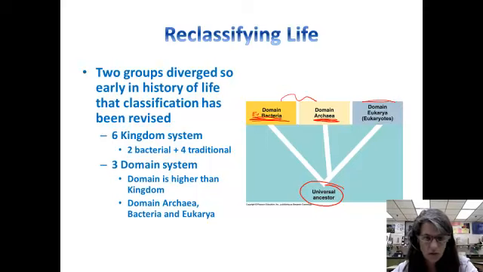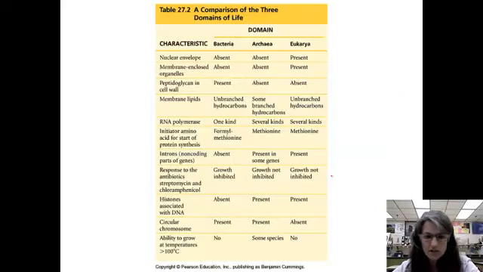Universal ancestor to all, but if you'll note, based on lots of evidence that you see here looking at the nature of the nuclear envelope, the nature of organelles, the cell wall, lipids in the cell membrane, RNA polymerase makeup, and on down, presence of introns, remember that term.